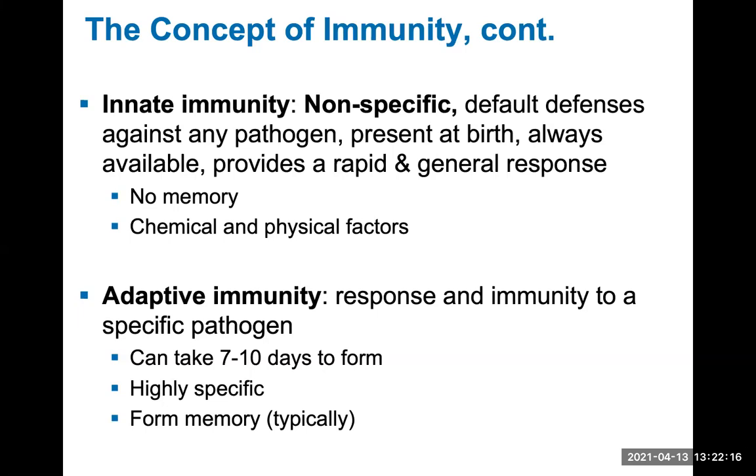It's super specific. It will only help you against that one particular microbe. You could be infected by all sorts of other microbes, right? As you know already. And adaptive immunity typically forms this memory response that will give you long-term immunity. But there are all sorts of exceptions.